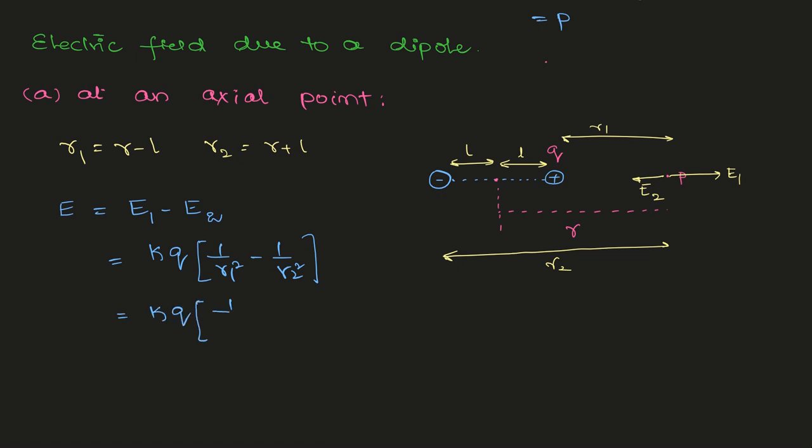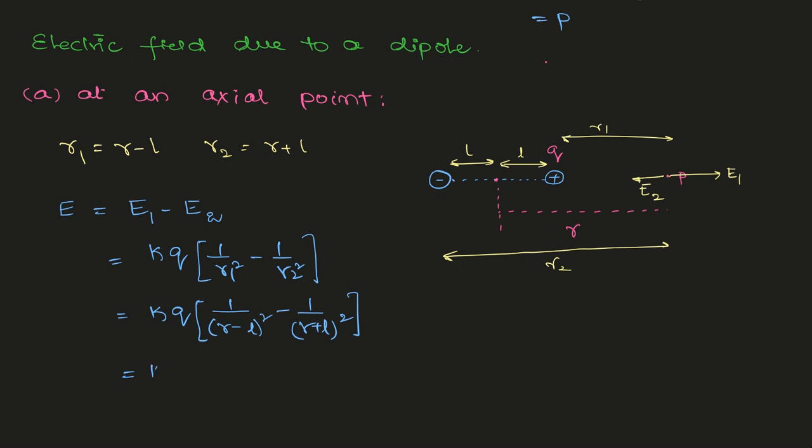This will be equal to KQ into 1 by R1 square, which means (R minus L) whole square, and R2 square means (R plus L) whole square.